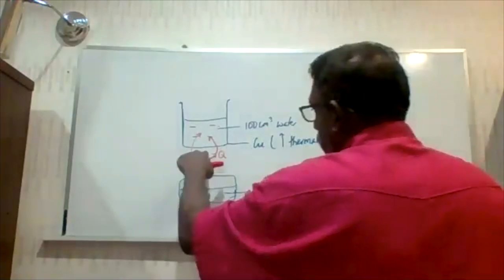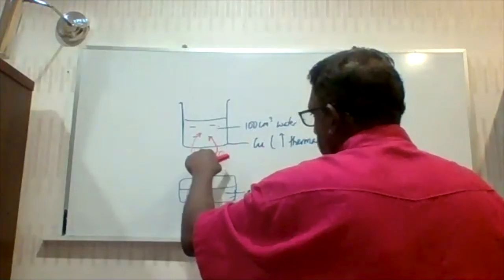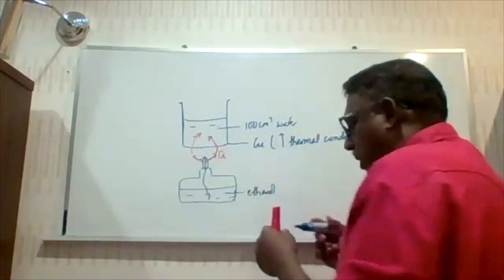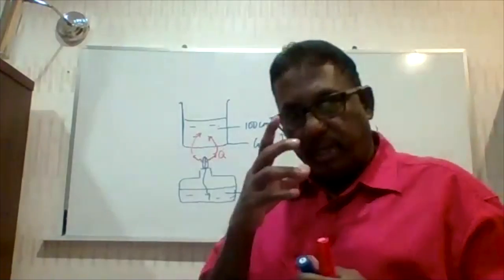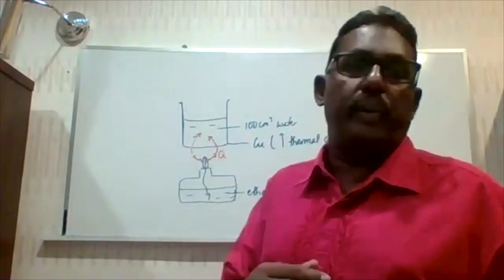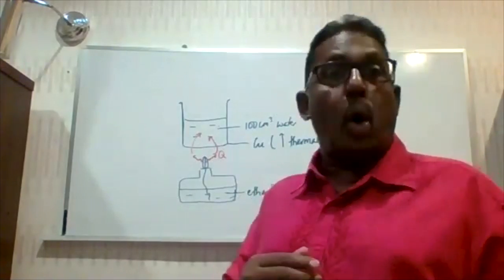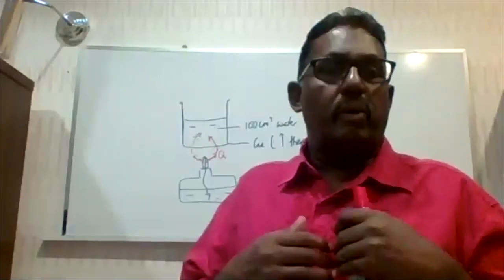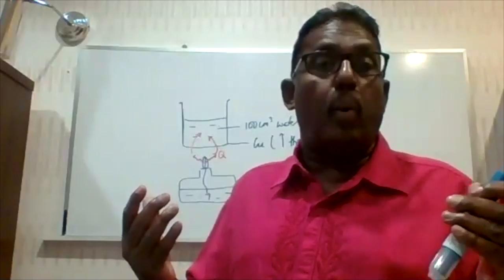Number two, we do not want any space here. The flame must be touching the copper beaker, almost touching it. The flame must be making contact. So we need good thermal contact. That is why we remove the tripod and the wire gauze.